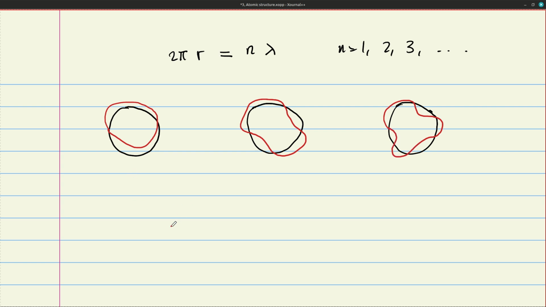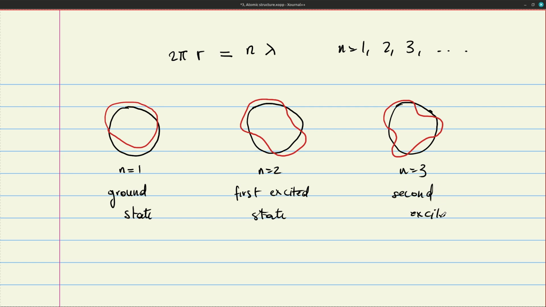So this is n is equal to 1, what I call ground state. This is n is equal to 2, first excited state. And this is n is equal to 3, second excited state. Good.